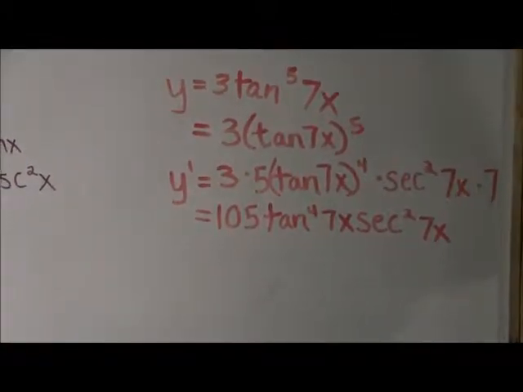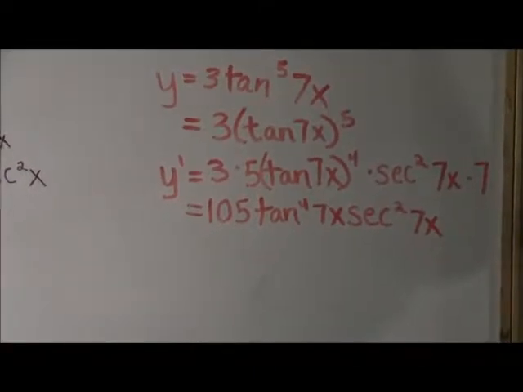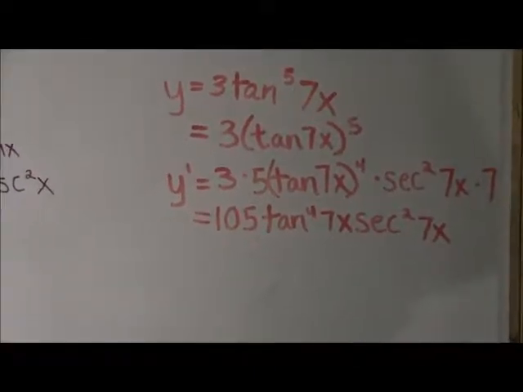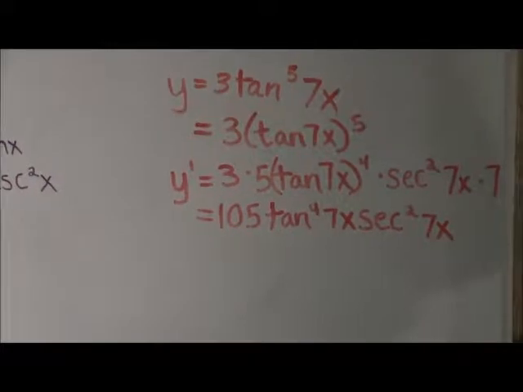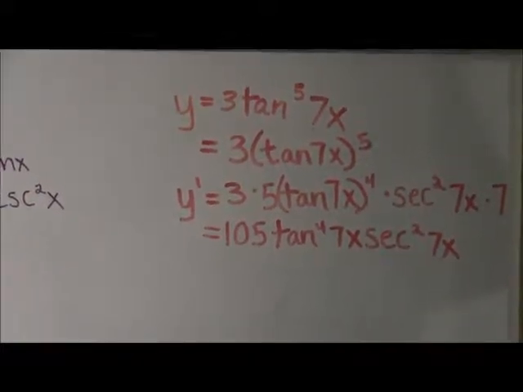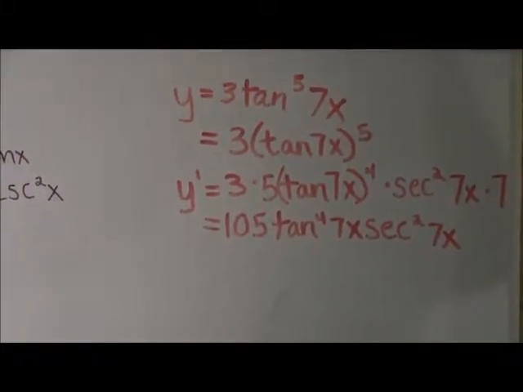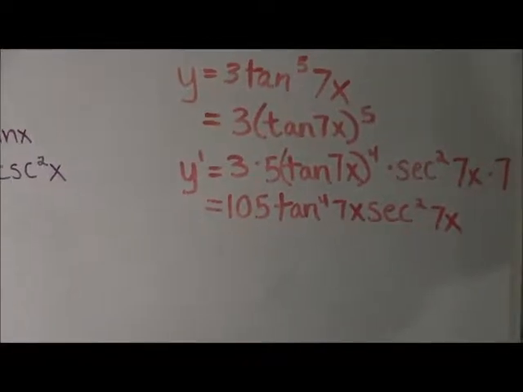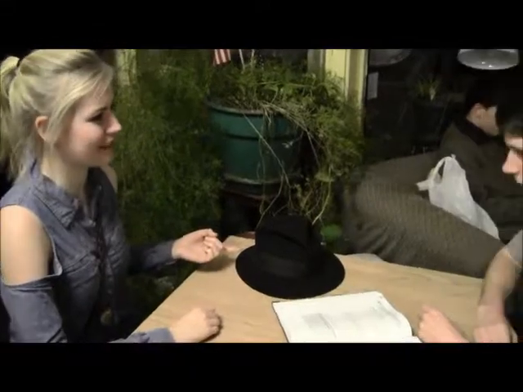For this problem it would be secant squared 7x times the derivative of the inside, which is 7. And in the end it would be 105 times tangent to the 4th power of 7x times secant squared of 7x.